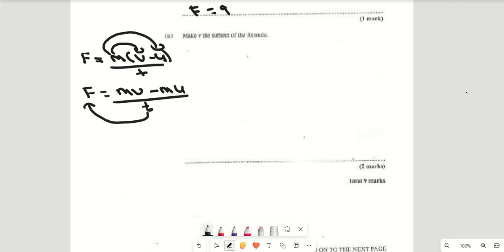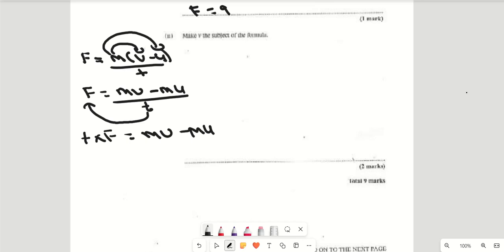Now, if you carry across divide by T, what is the opposite? Remember, as I said earlier in the video, typically when we make something the subject, if we're carrying across something over the equal sign, you have to do the opposite. So divide by T will turn to multiply by T. So it'll be T multiplied by F is equal to MV minus MU.